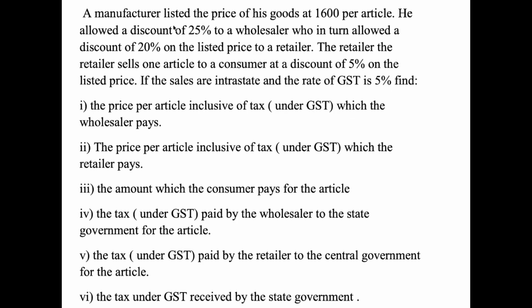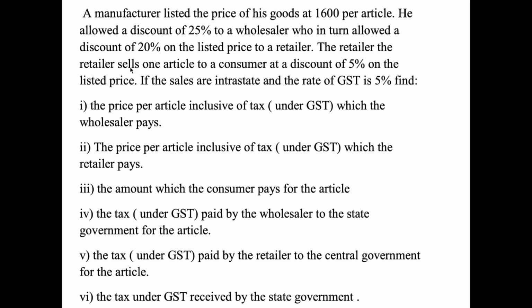A manufacturer listed the price of the goods at rupees 1600 per article. He allowed a discount of 25% to a wholesaler, who in turn allowed a discount of 20% on the listed price to the retailer.